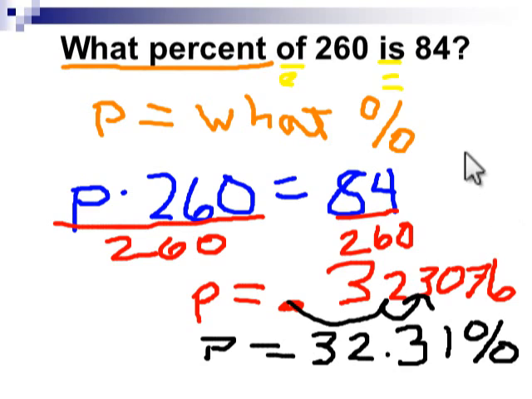Now, one last little tidbit of information. If you don't write the equation and you try to take the lazy way out and say, I'm always going to divide, or I'm always going to multiply, or in this case I'm going to multiply, or in this case I'm going to divide, then you have to remember what those cases are.